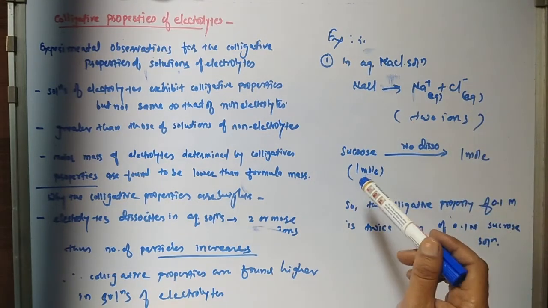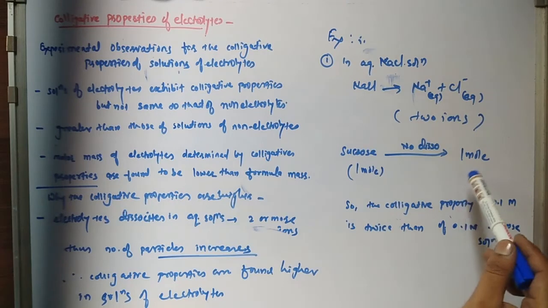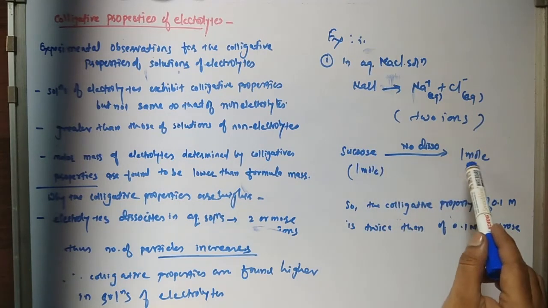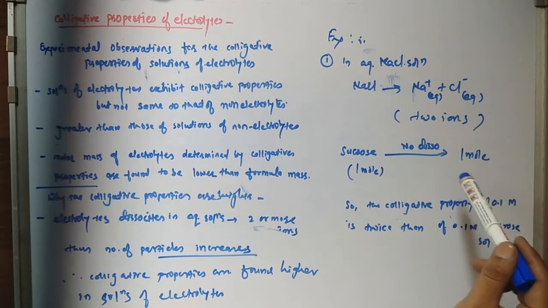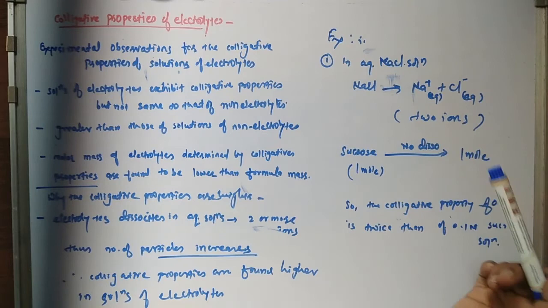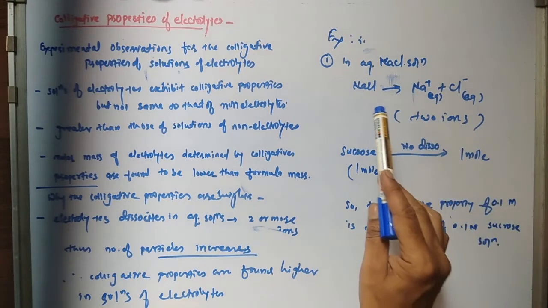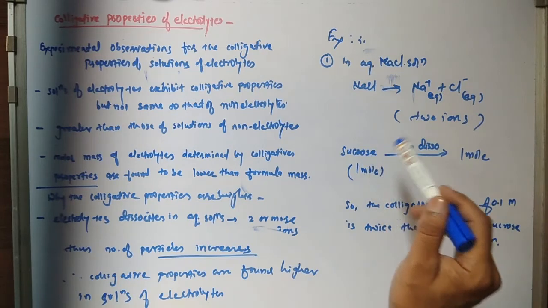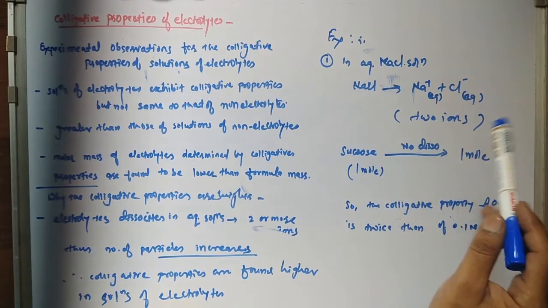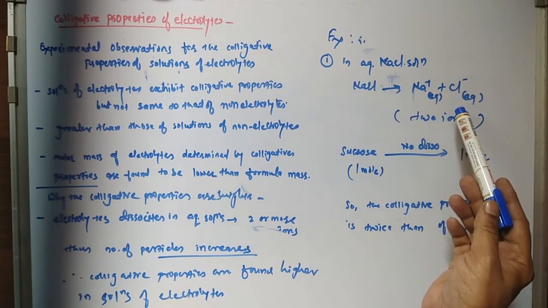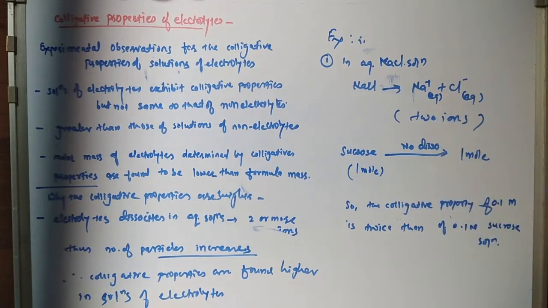If you take the example of a solution of sucrose, it does not dissociate. One molecule after dissolution remains one molecule. So in spite of the same concentration of sodium chloride and sucrose, the number of particles in the NaCl solution is twice the number in the sucrose solution.